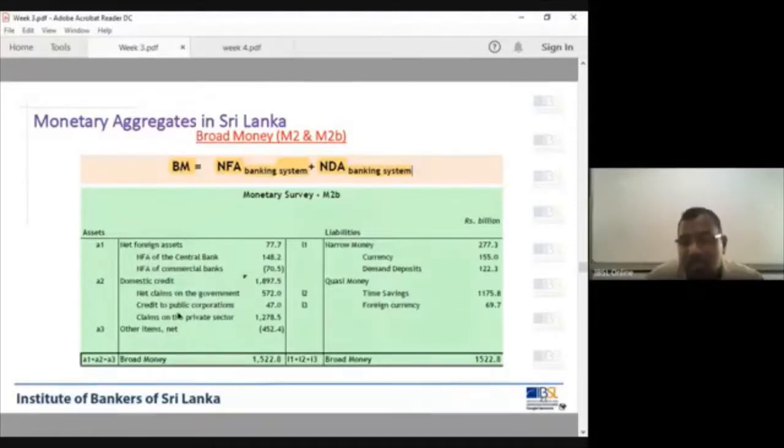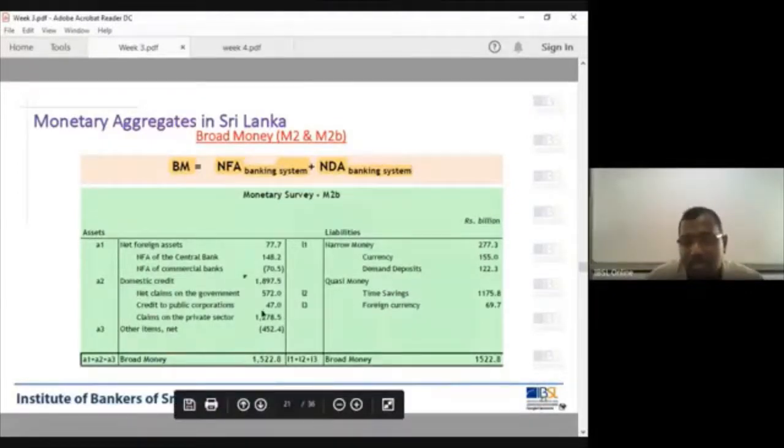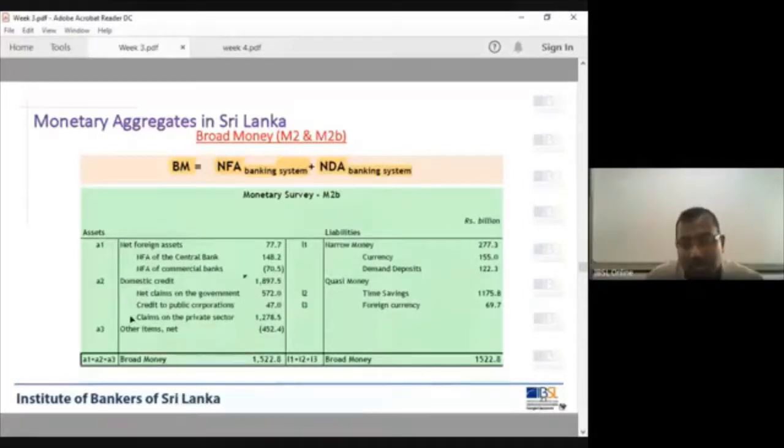And the major important component, if you look at the number, it is huge: credit to the private sector, or claims on the private sector. So in broad money supply, what is the most significant component? That's basically private sector credit. Whenever you give more credit to the economy, that creates more money.